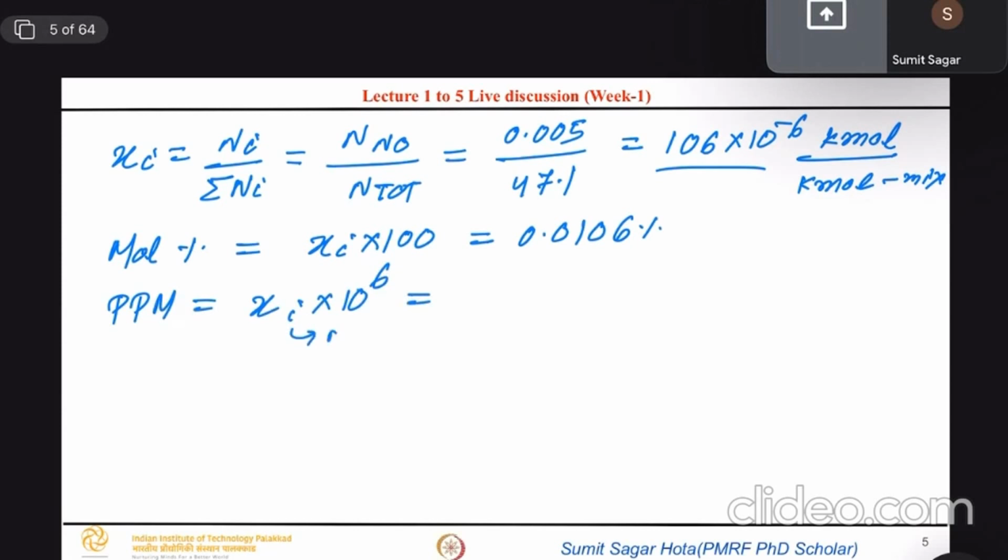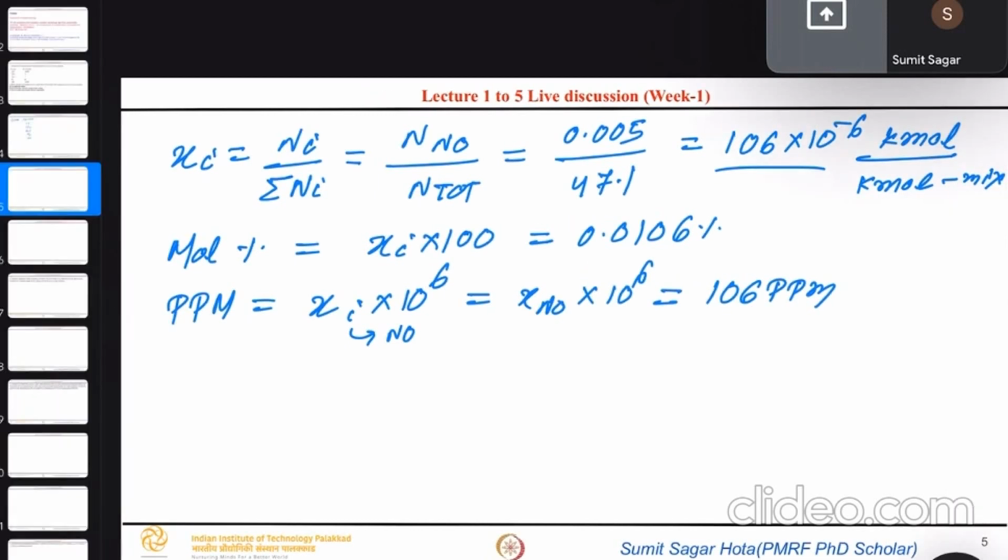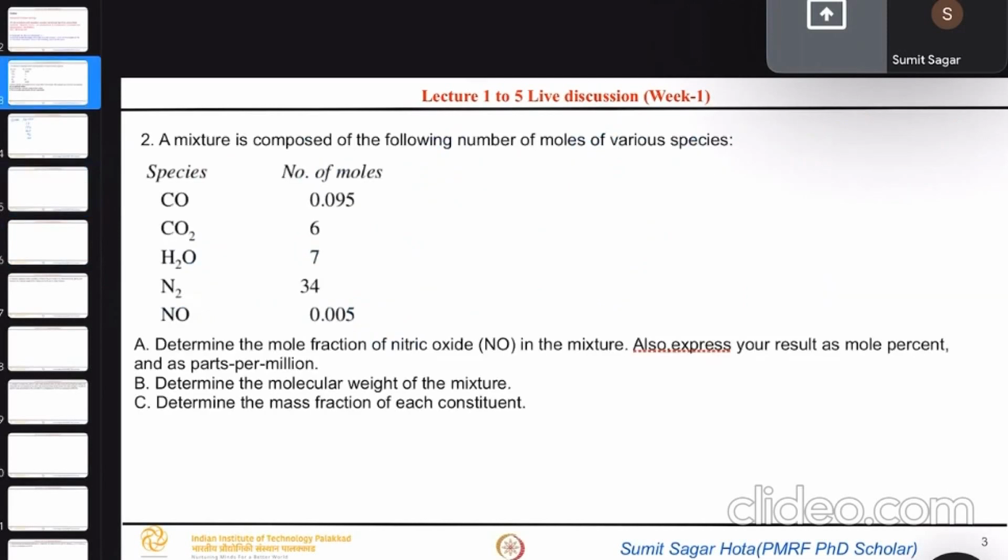Here i is NO, so X of NO times 10 to the power 6 is 106 ppm. Now I think part A is completed: determine the mole fraction, everything is calculated. Now I'm going to part B, determine the molecular weight of the mixture.